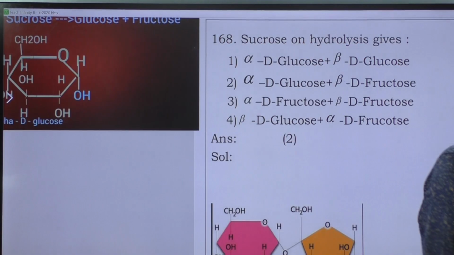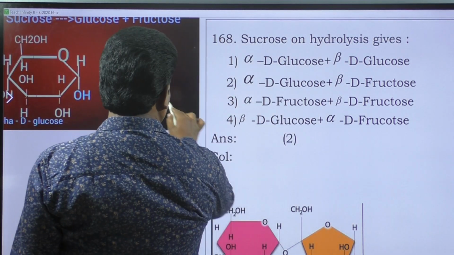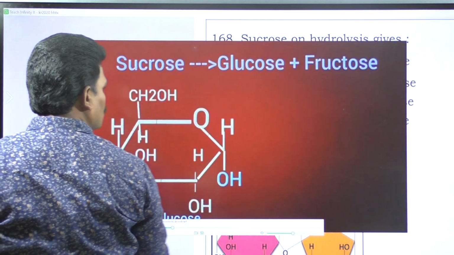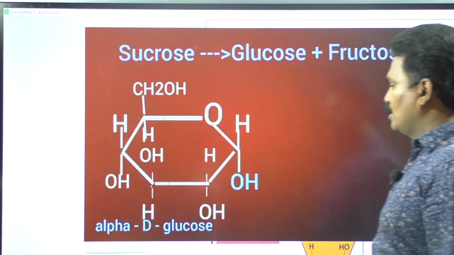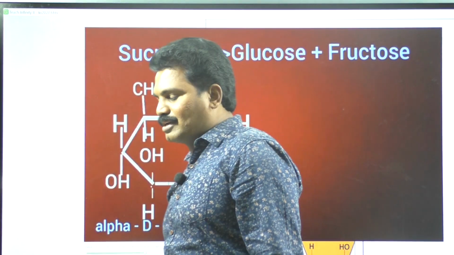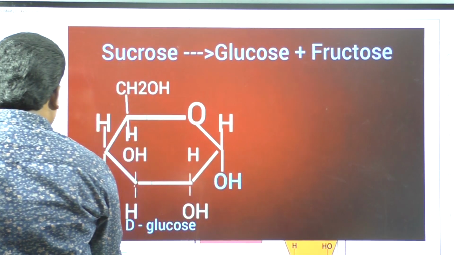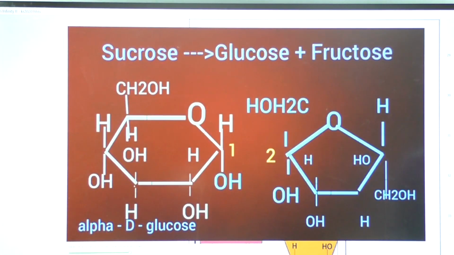And then go to the next question. Sucrose on acidic hydrolysis gives alpha-D-glucose and beta-D-fructose. Here there is a glycosidic linkage, as you can see in the video, with alpha-D-glucose and beta-D-fructose shown on the screen.